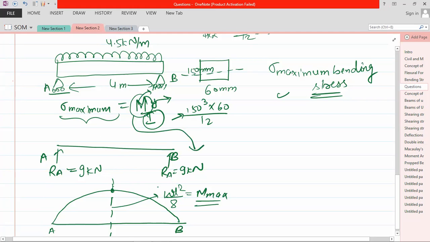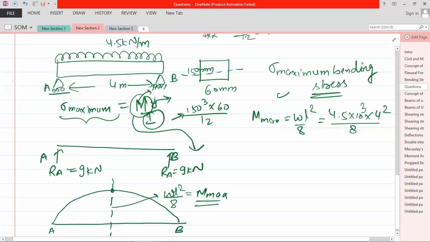So M max is equal to wL square by 8. So w is 4.5 into 10 raised to the power 3, into L square. What is the value of L? L is 4, 4 square divided by 8. So this is your maximum bending moment.